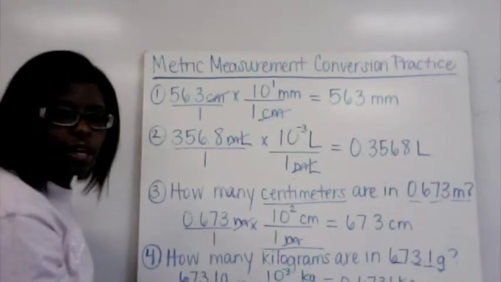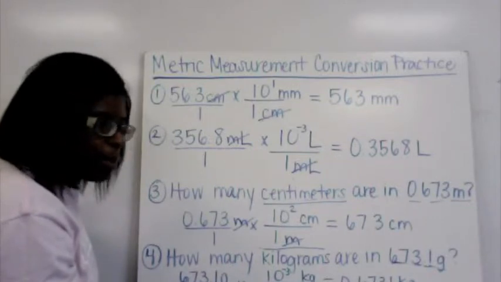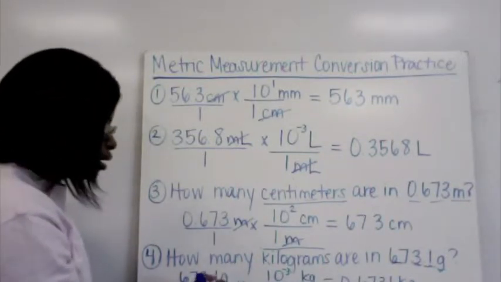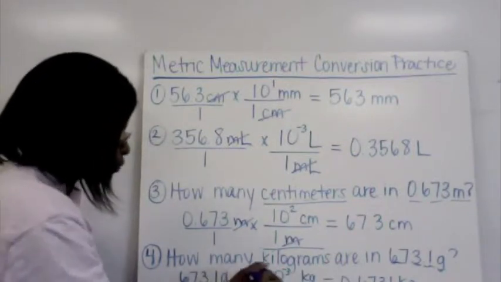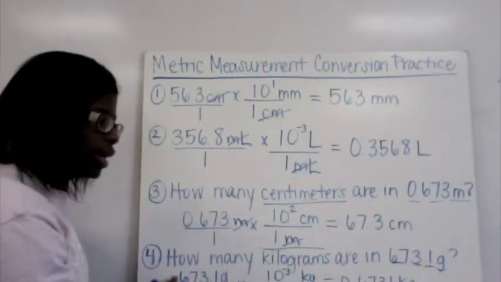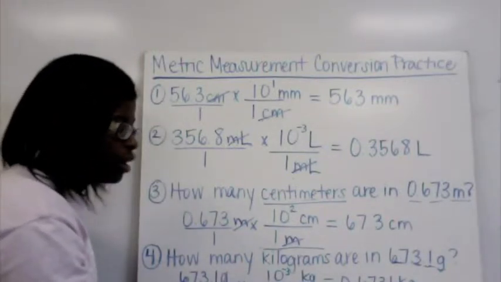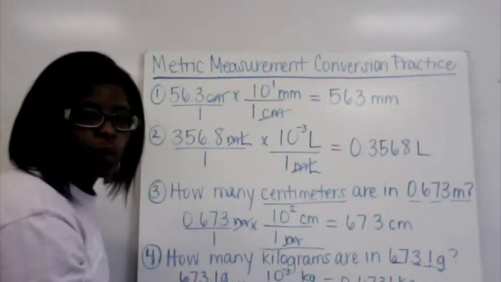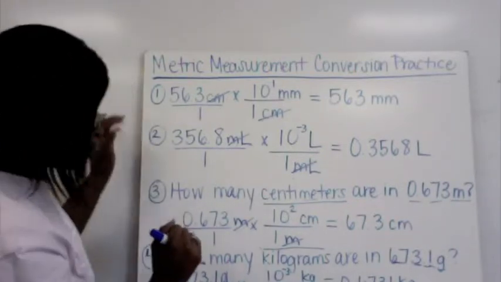We need to get rid of grams. So we know that our equivalent amount is 10 to the negative third grams. So grams is going to cancel. We're going to be left with our unit of kilograms. 673.1 times 10 to the negative third power is going to give you 0.6731 kilograms.